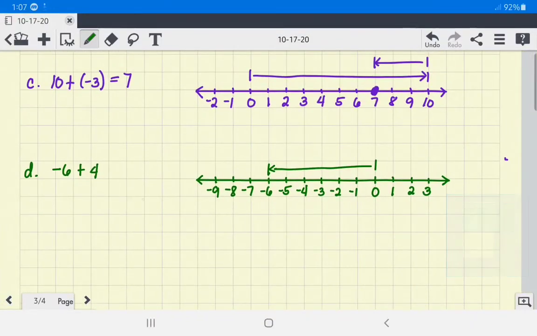Then after that, plus 4, from negative 6, we're going to move 4 units in a positive direction. Of course, we all know that this is positive infinity, this is negative infinity. Don't forget that. Okay, so going back to this, we have negative 6, move 4 units to the positive direction. We have 1, 2, 3, 4. Okay, so it stopped at negative 2. So the answer here is negative 2.